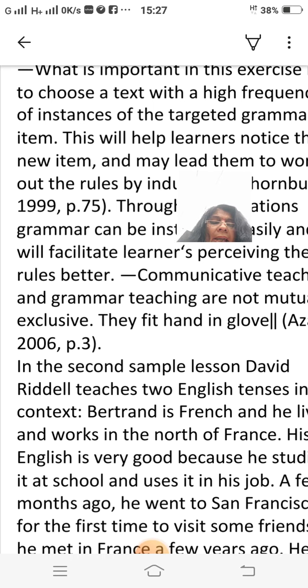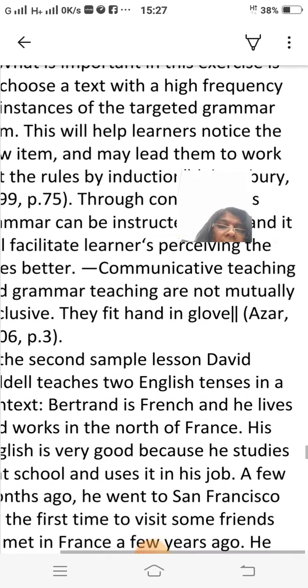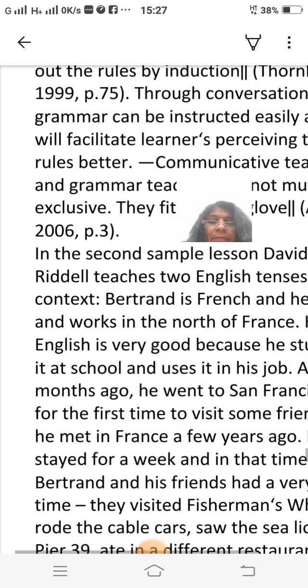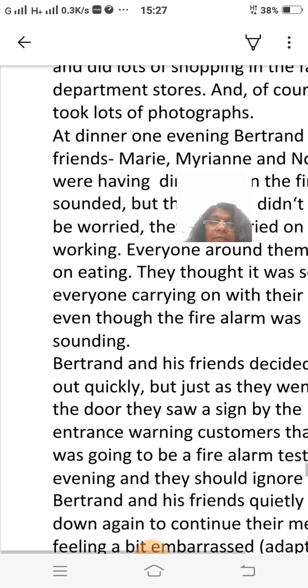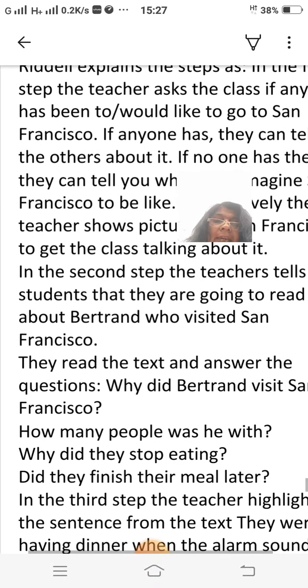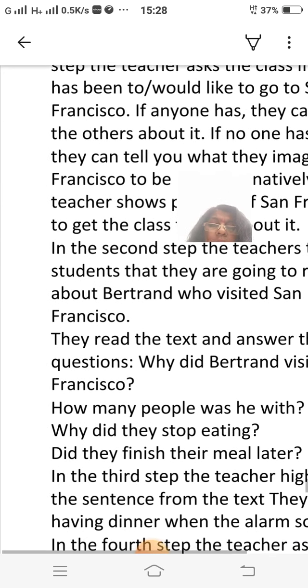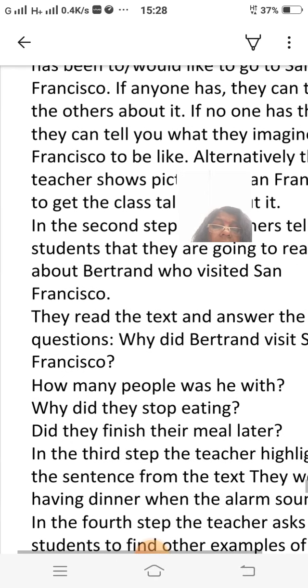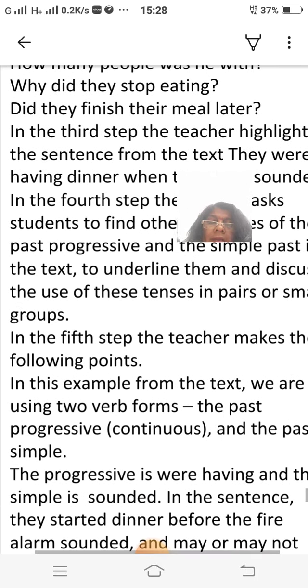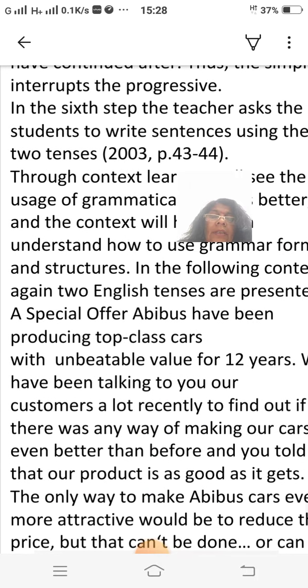In the second sample lesson, David Riddle teaches two English tenses in a context. They read the text and answer the questions: Why did Bertrand visit San Francisco? How many people was he with? Why did they stop eating? A special offer: Abibus have been producing top class cars.